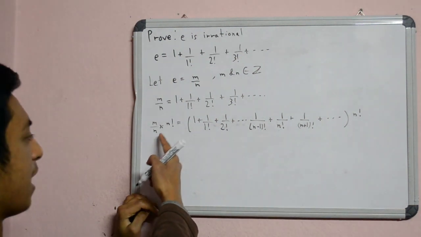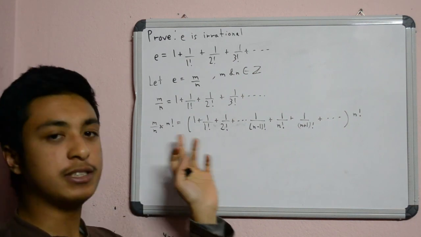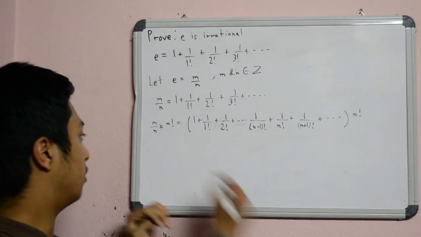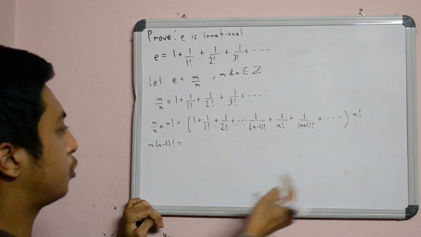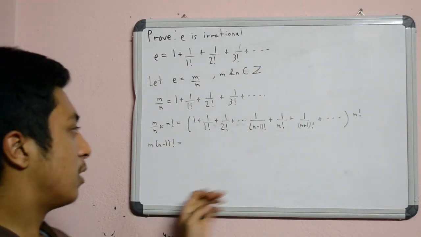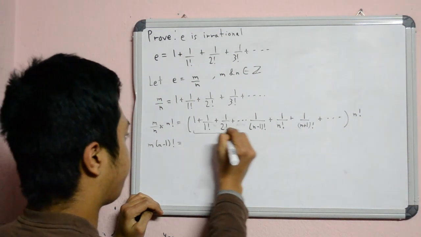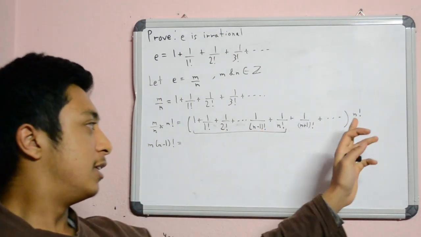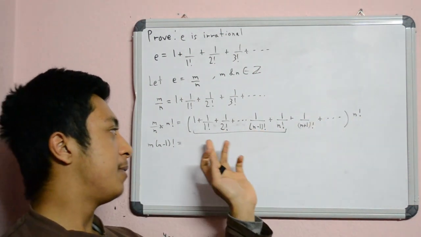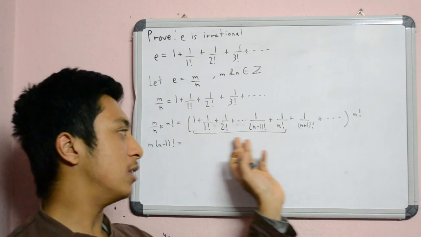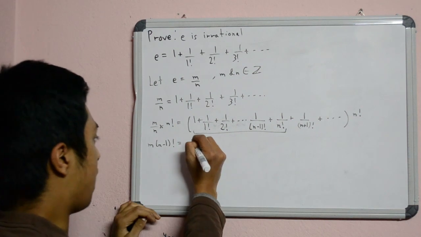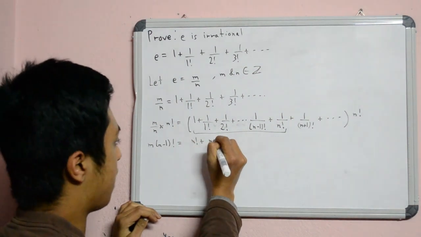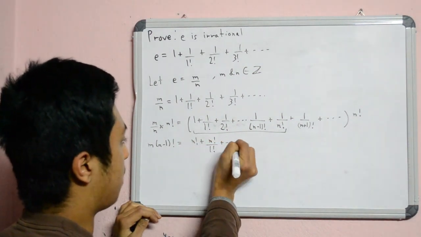So n factorial by n factorial is just n times (n minus 1) factorial. So you'll have m times (n minus 1) factorial equals, now up to here, n factorial will obviously be greater than the denominators. So you'll have n factorial plus n factorial by 1 factorial plus and so on.